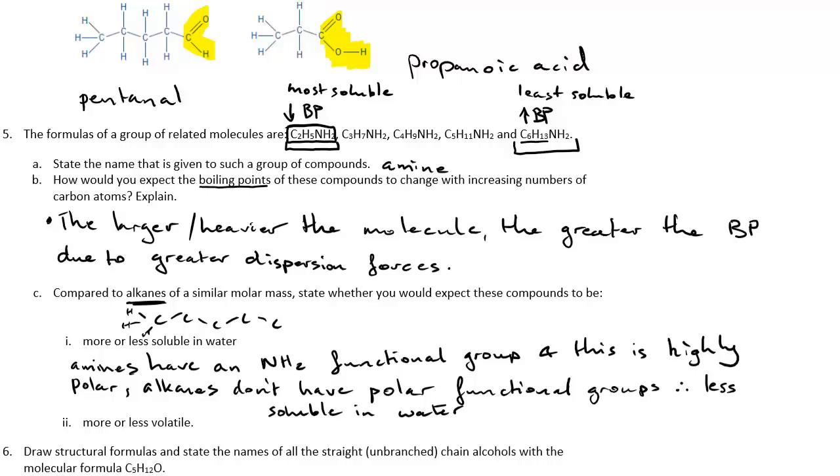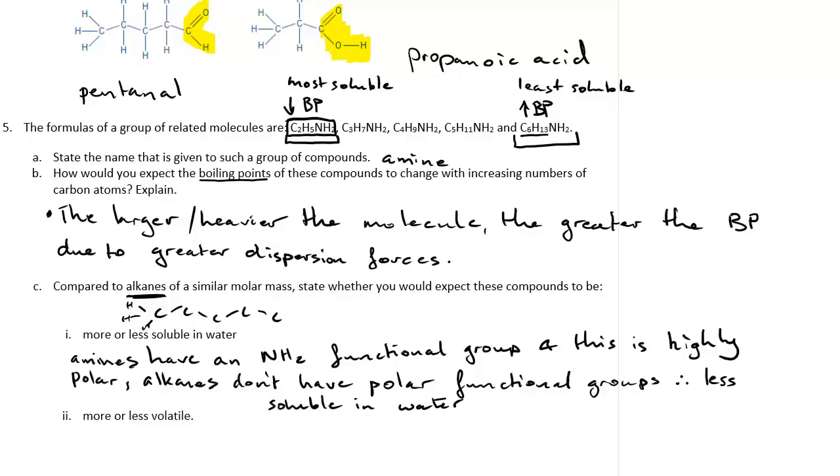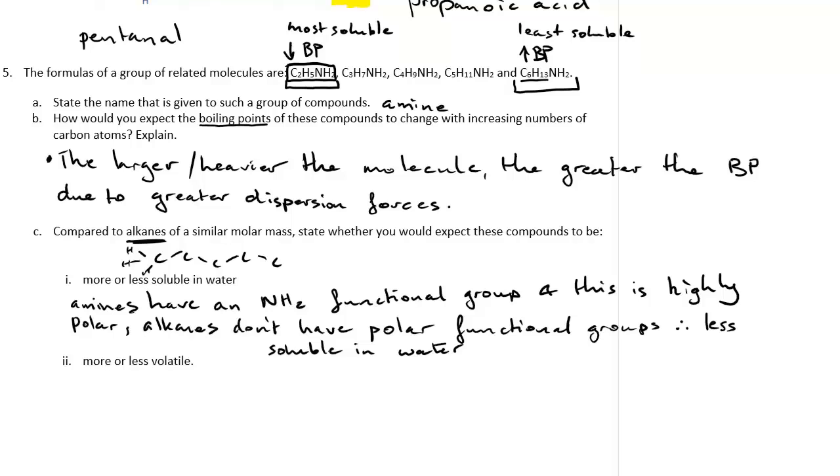Okay, so let's have a look at the next question, which is more or less volatile. Now, volatile is the ability of something, usually a molecule, to turn into gas.